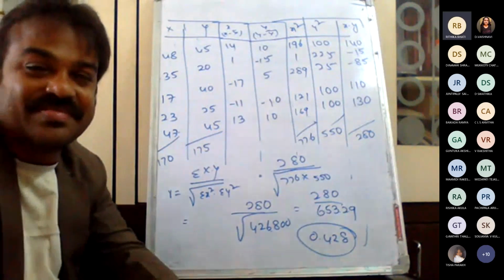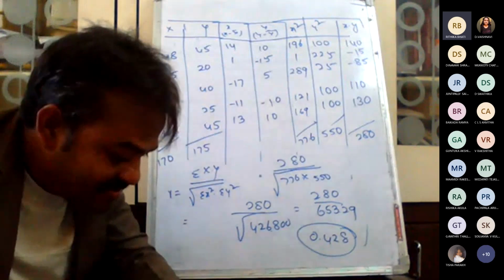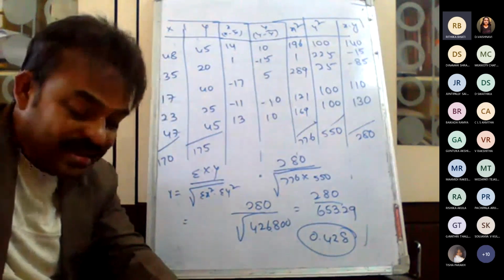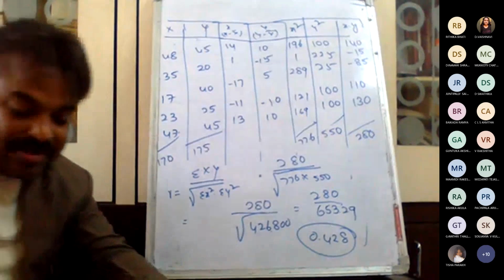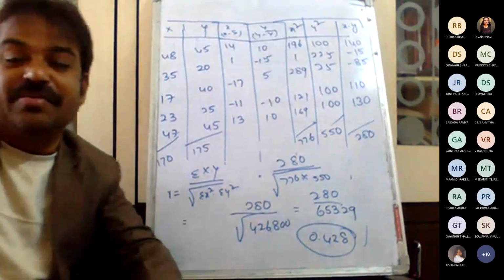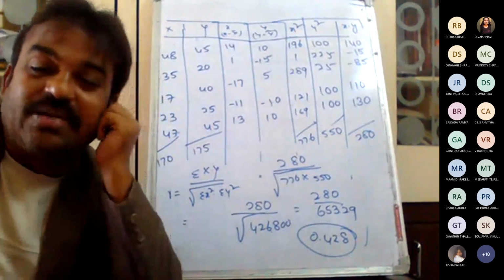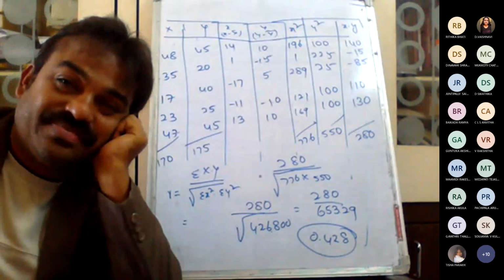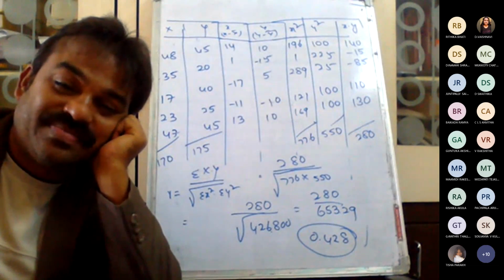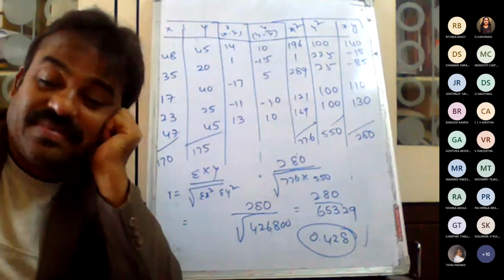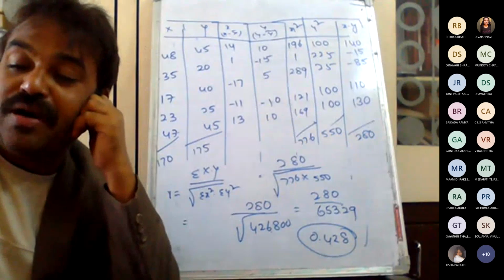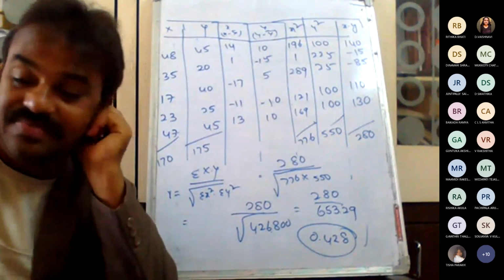Sir, what will be the conclusion of this solution? The marks secured by 5 students in accountancy and statistics are positively related.